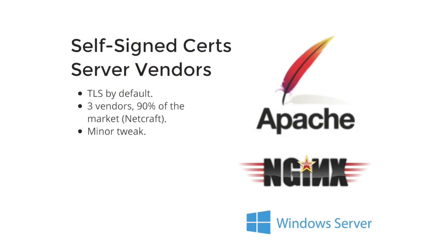On the HTTP server side, there are only really 3 major HTTP server vendors. Just have them turn on self-signed certificates by default. Just have all new connections create a new self-signed cert, it's in some directory, all new stuff happens. 3 vendors, 90% of the market, another minor tweak.